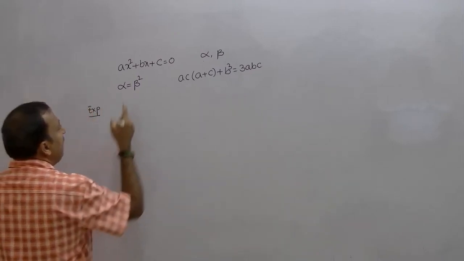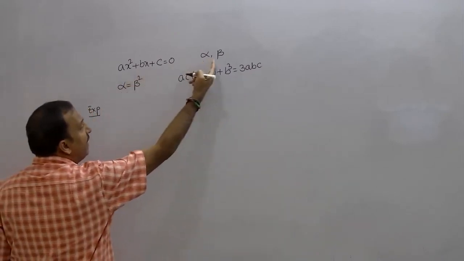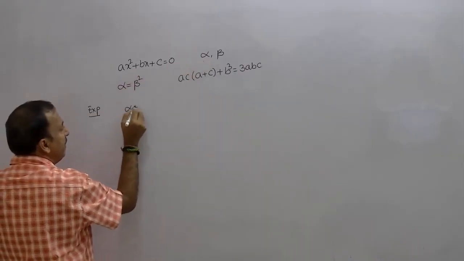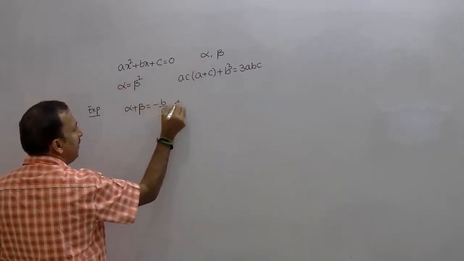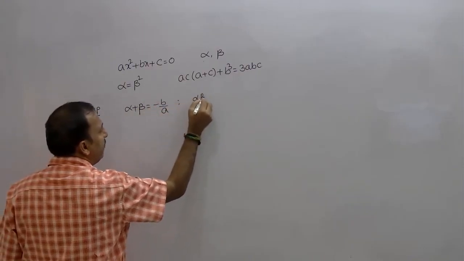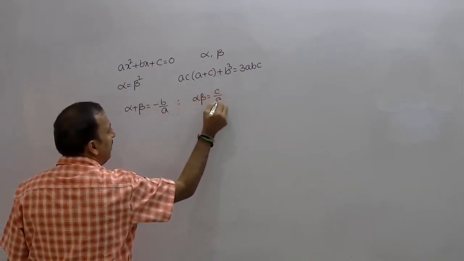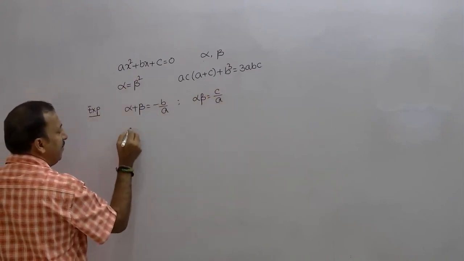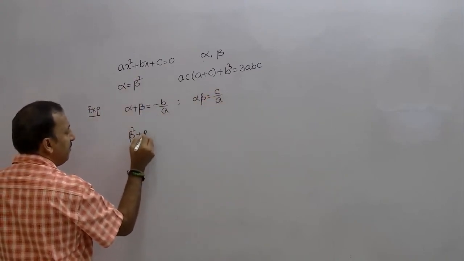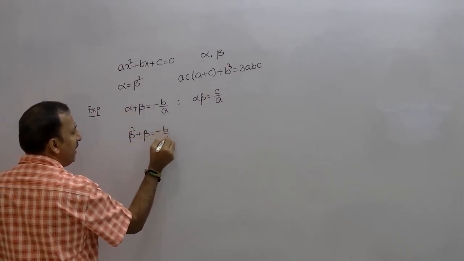Explanation. See, given that alpha and beta are the roots of the equation, so alpha plus beta is equal to minus b by a, and alpha into beta is equal to c by a. Given alpha is equal to beta square, means beta square plus beta is equal to minus b by a.